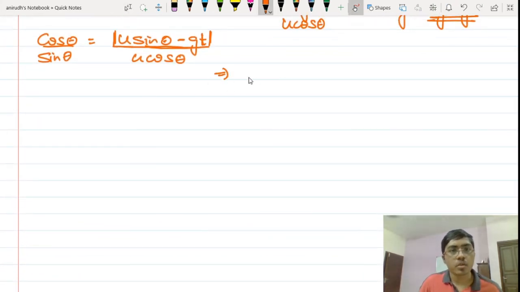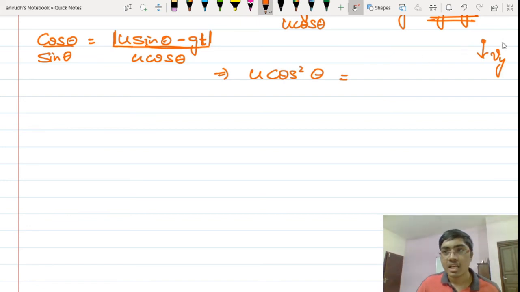So this will be equal to u cos square theta is equal to, see, u sin theta is a value and gt is a value, and if you just find the net value, you will get it as negative. Why? Because the velocity is in this downward direction, and this direction is taken as negative by me.